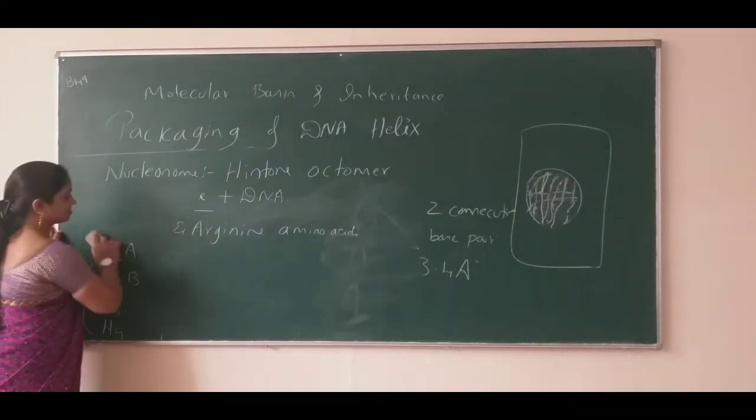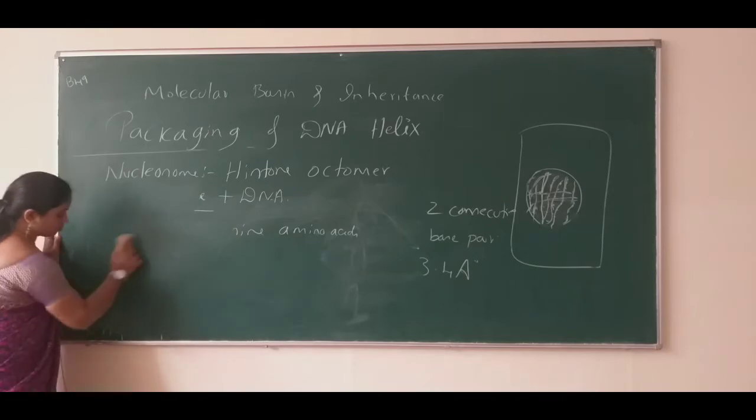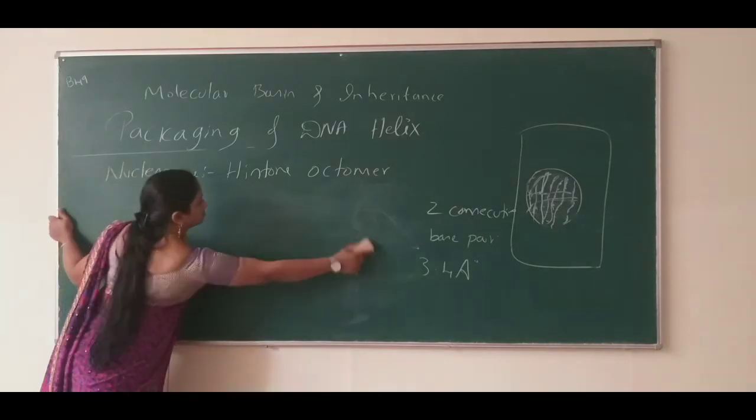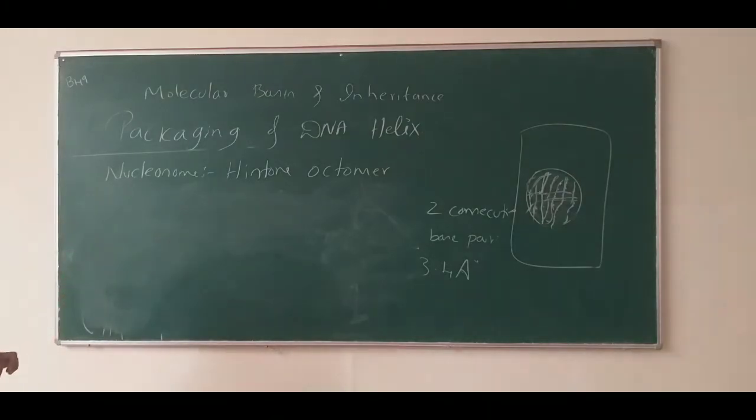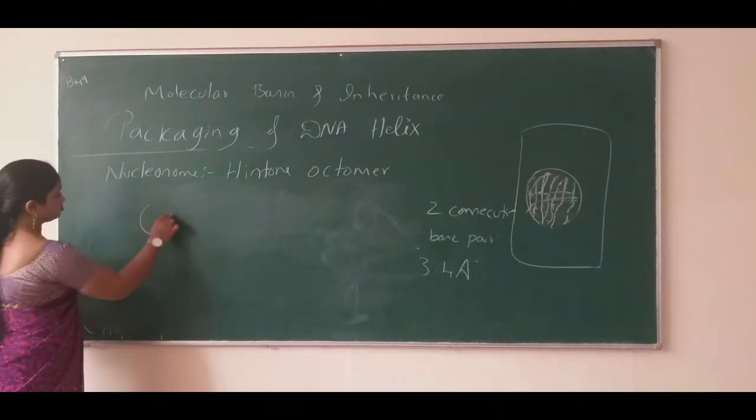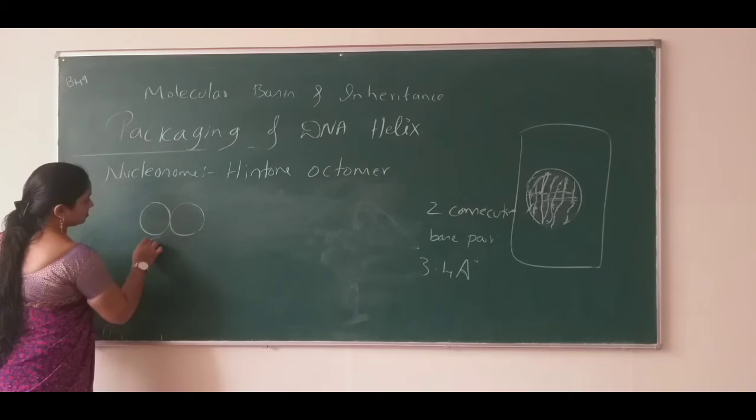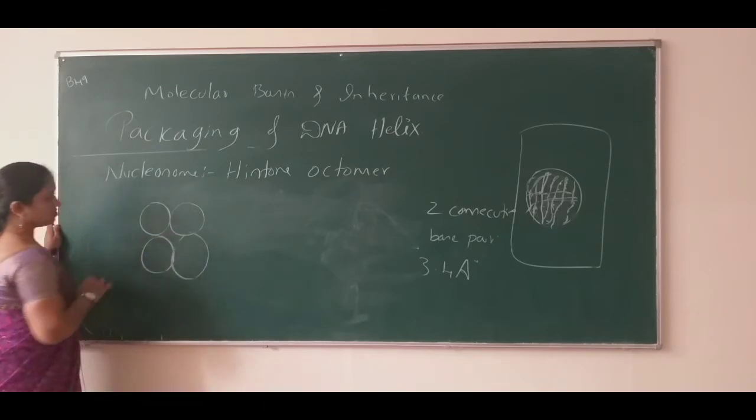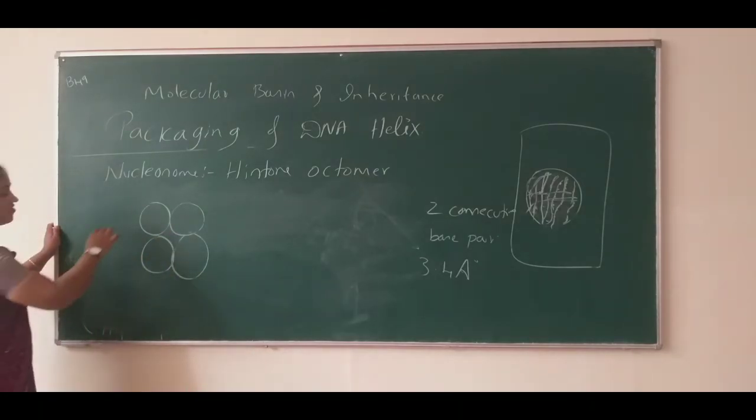So if we study the structure of the histone octamer, 4 histone molecules. Alright, 4 more we have to draw, no?